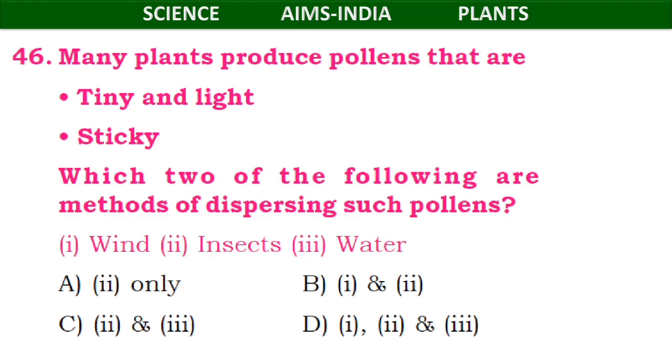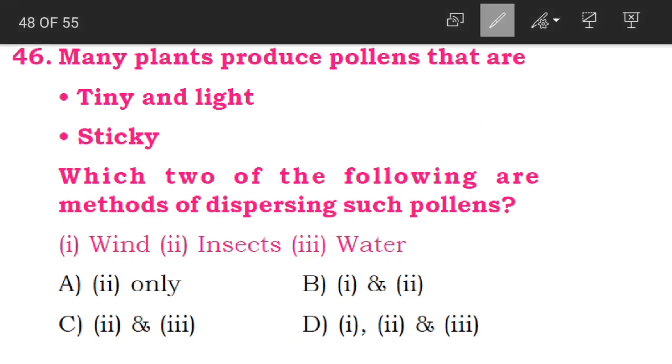Option A is only wind, the second one is only by insects. B option is 1 and 2, that is with wind and also insects. C option is 2 and 3, that is by insects and also water. D is all three options: wind, insects and water.